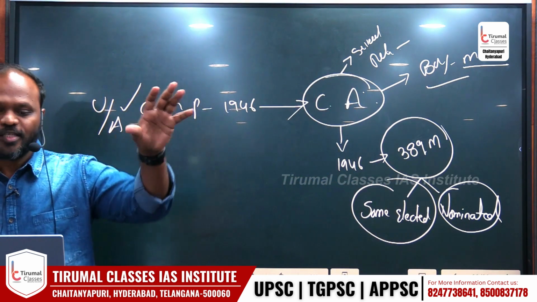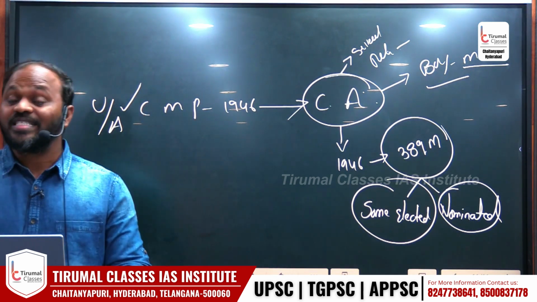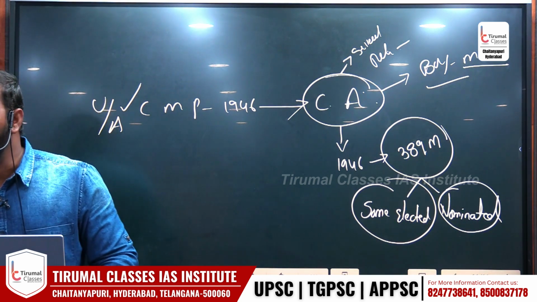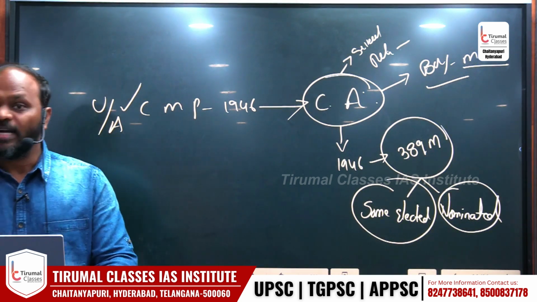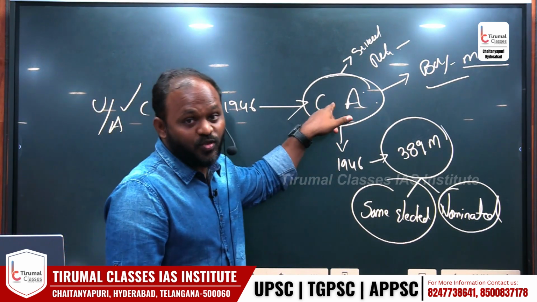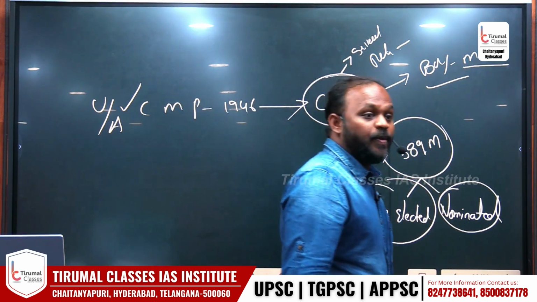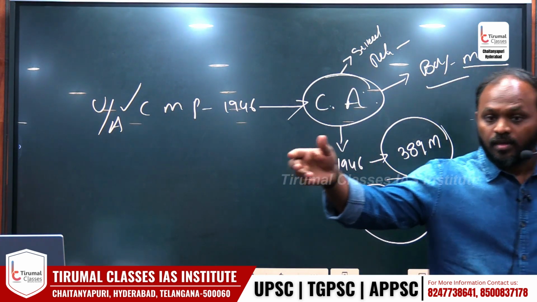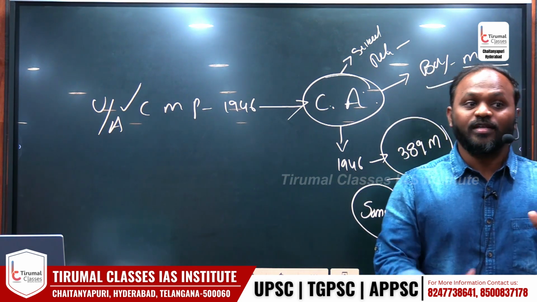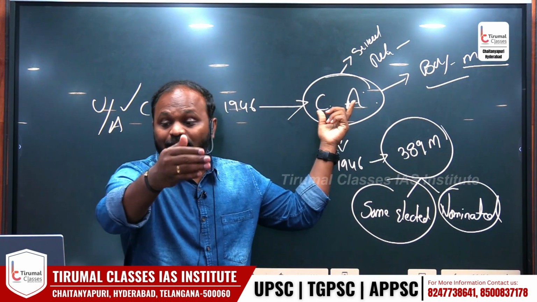So later on the Muslim League was in the hands of Muhammad Ali Jinnah. Jinnah wanted Pakistan as a separate country. But when the British Cabinet Mission Plan gave permission to create the Constituent Assembly, it was only for India. But Muslims wanted a separate assembly for Pakistan. The British were not talking about Pakistan; they were talking about the Constituent Assembly for India.